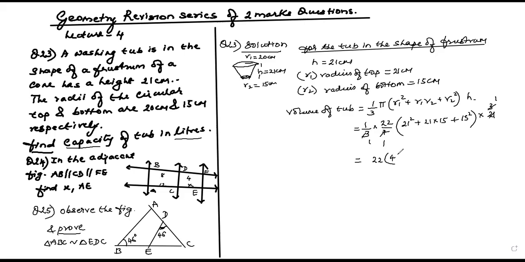This is 441 plus 315, plus this is 225, okay? Sorry, 315, I have not written it in a proper way. I hope people can see this, okay? This is 315.